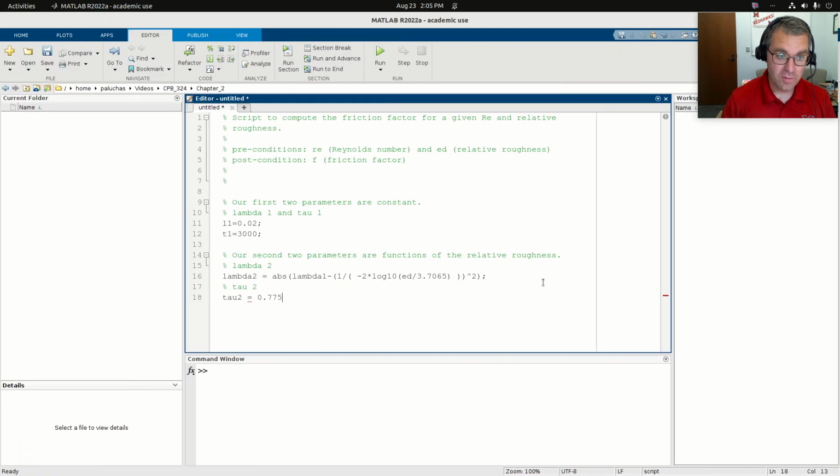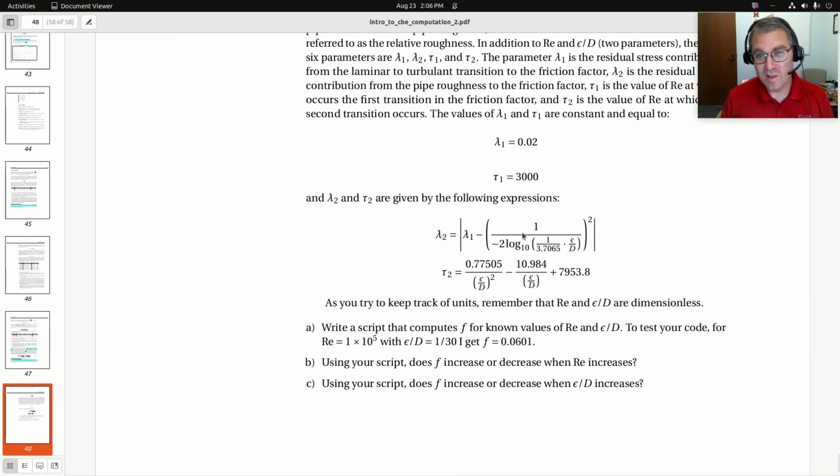So 0.775, 0.5 divided by, and now it's my relative roughness squared, so it's ED squared in terms of the notation. Order of operations should square this first, but I'm just going to add parentheses, being anal. Oftentimes I even add parentheses around my exponent, which is completely unnecessary, but it's something I'm in the habit of doing. When in doubt, you can add parentheses, they don't hurt.